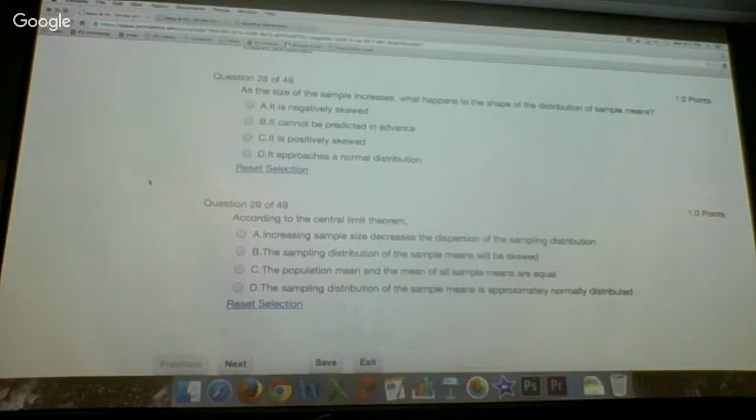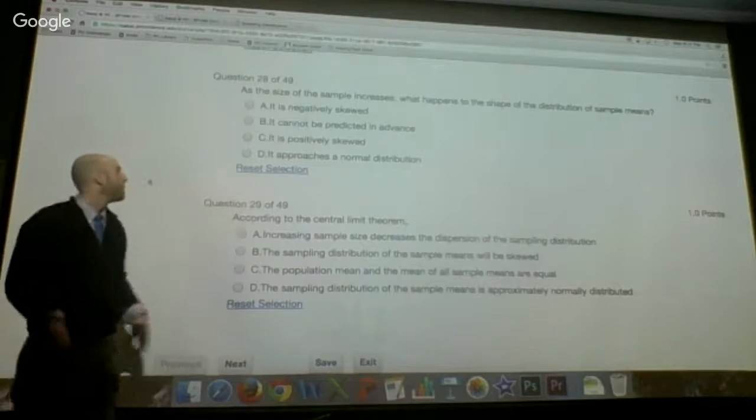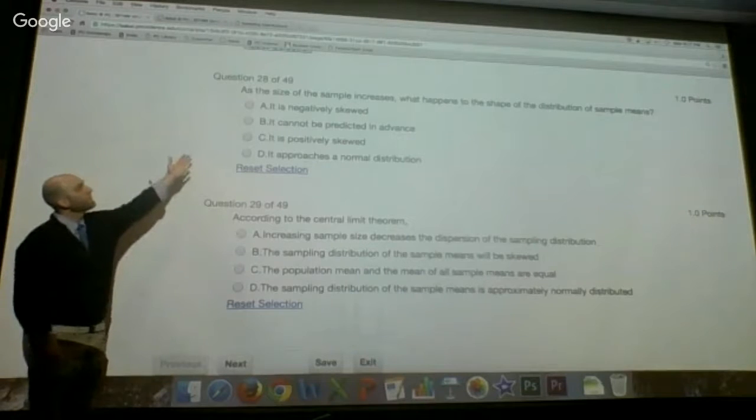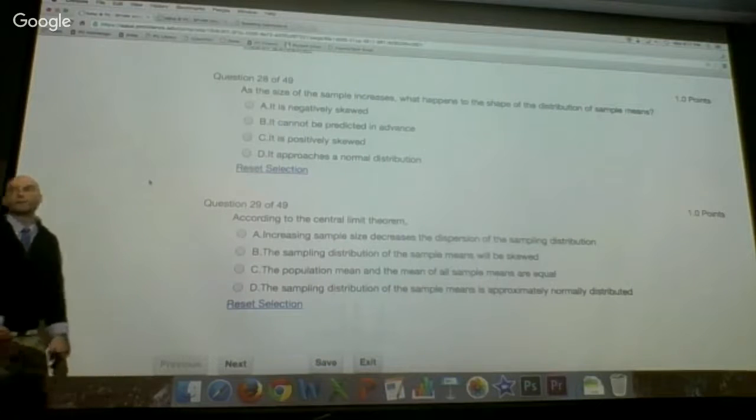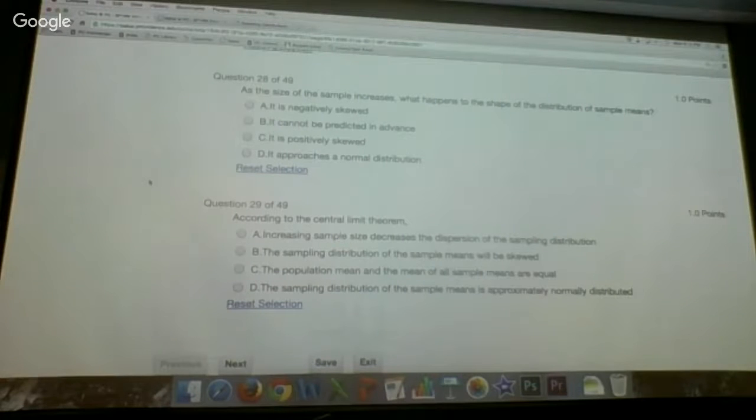As the size of the sample increases, what happens to the shape of the distribution of the sample means? The shape of those blue dots, what happens as n gets bigger? Yeah, going back to what Chris said earlier, it becomes more normal.